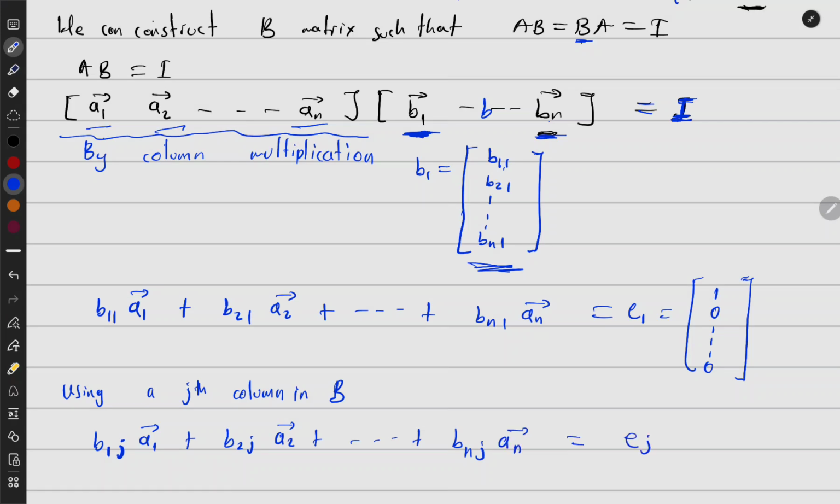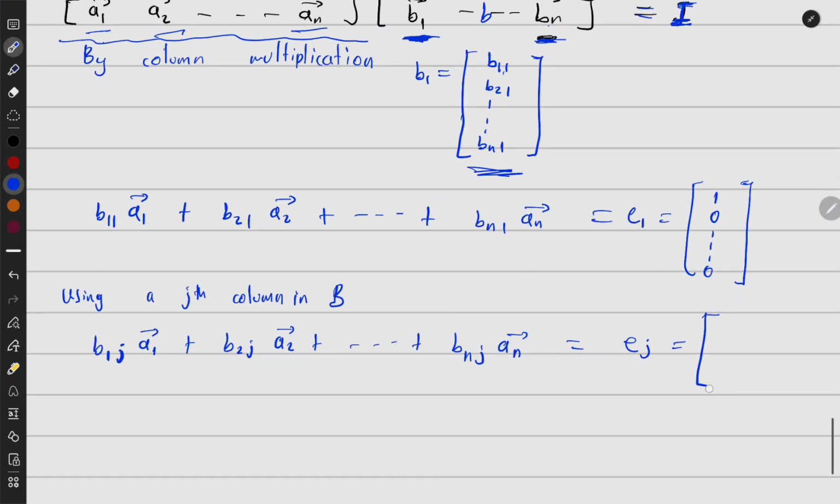So this will give us the Aj to give us that jth column in I, and it is made up of zeros elsewhere up to 1, and this now continues up to 0, and this is the jth column. This is like the jth term. That's where the 1 is.